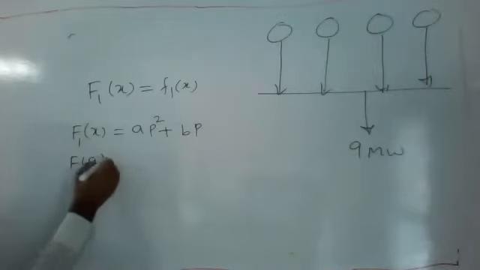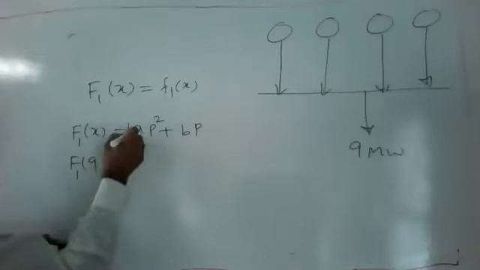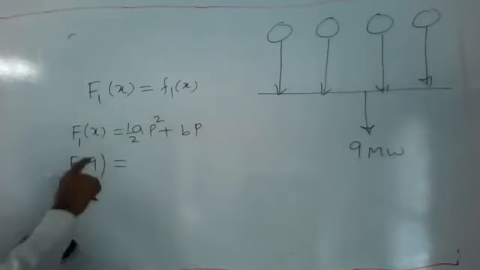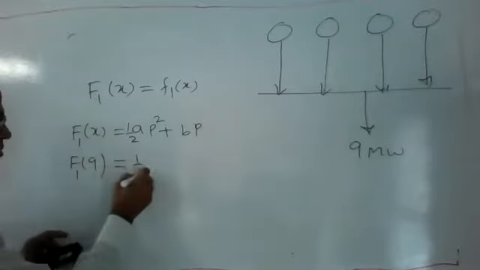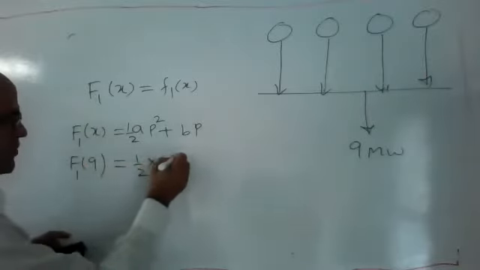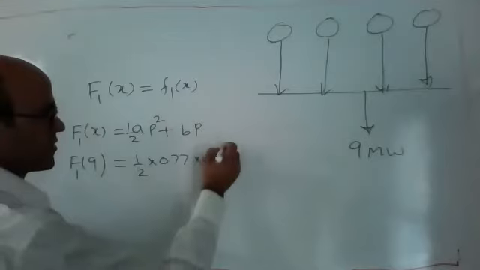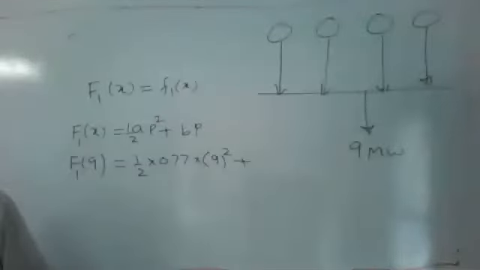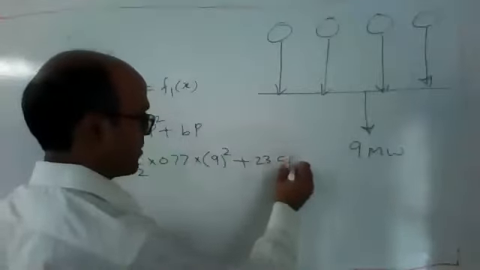In the first case, the value of A for unit number 1 is 0.77. There is also a factor of 1 by 2, just for correct fitting. So 1 by 2 times 0.77 times 9 square, plus B, which is 23.5, into 9.